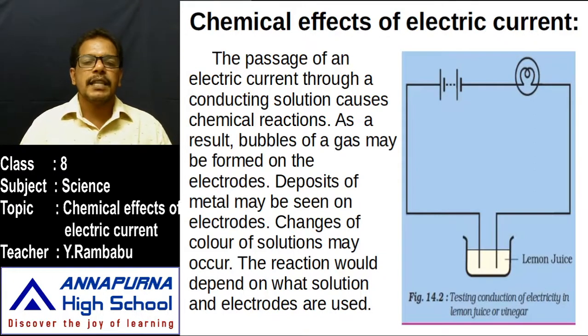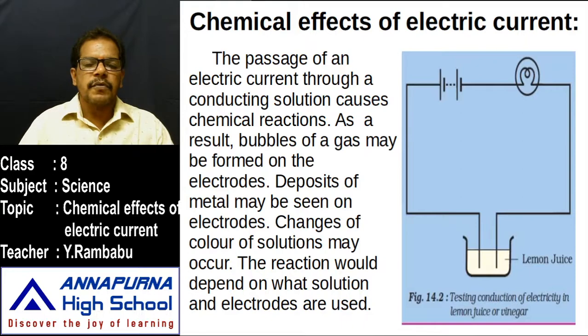Generally, what happens when electricity passes through a liquid? A chemical reaction takes place. How does that chemical reaction take place? For example, if we pass electricity through acidified water, we observe bubbles near the electrodes.